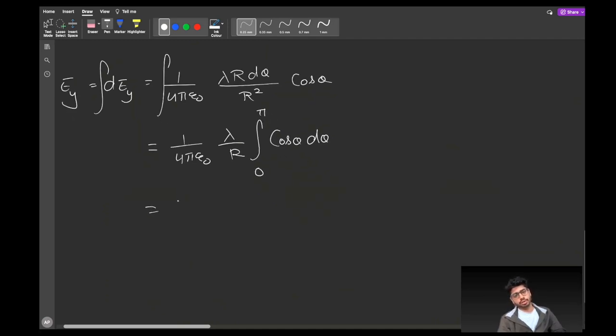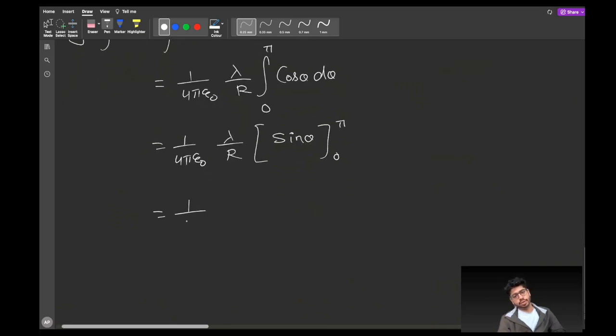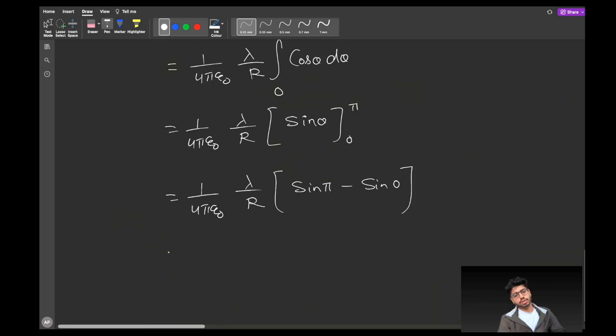But now, if you look at this carefully, lambda by r, that is sine theta, from 0 to pi. And if you plug in the values, sine pi is 0, by the way, minus sine 0 is 0. That comes out to be 0.